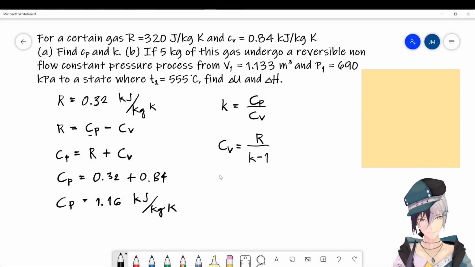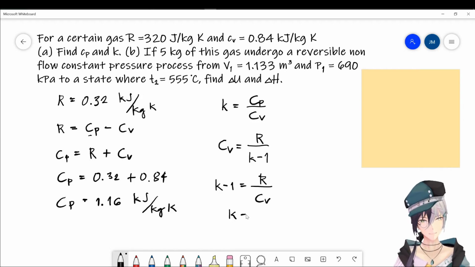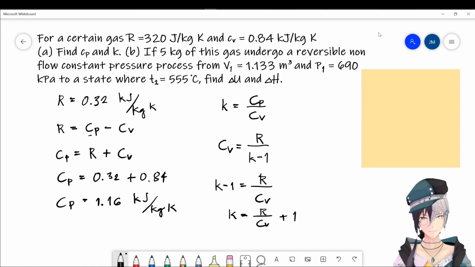So solving for this one, I now have K minus 1 equals R over Cv, and K now is R over Cv plus 1.